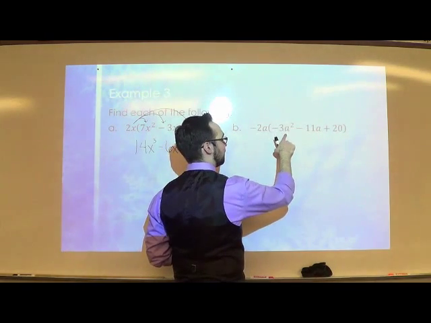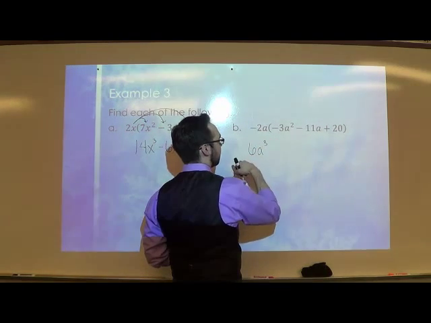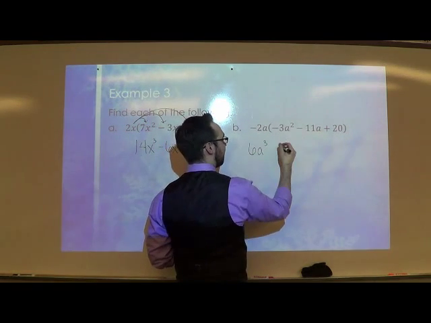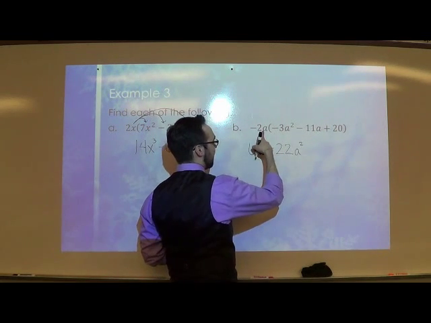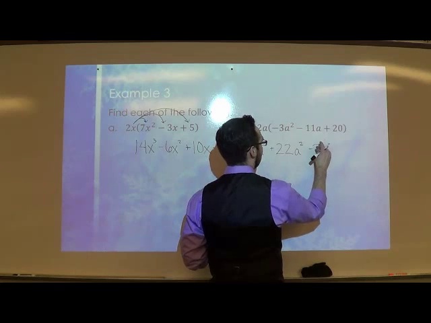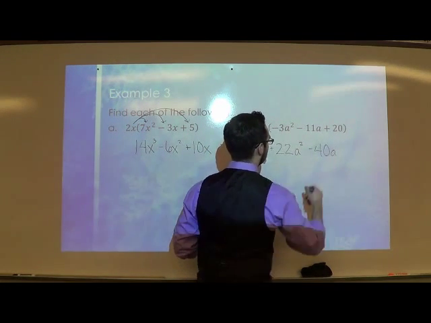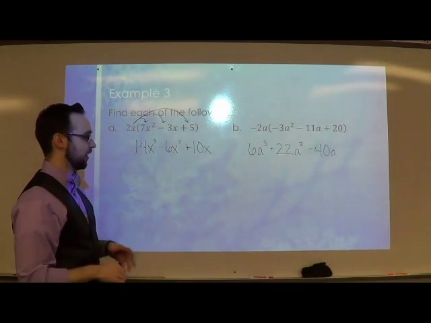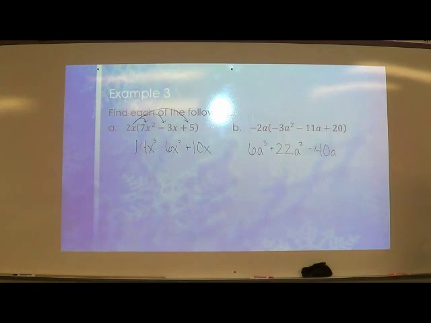So negative 2a times negative 3a squared is 6a to the third. Negative 2a times negative 11a is a positive 22a squared. And negative 2a times 20 is minus 40a. Again, no simplifying, no factoring, no dividing, just leave it as is.